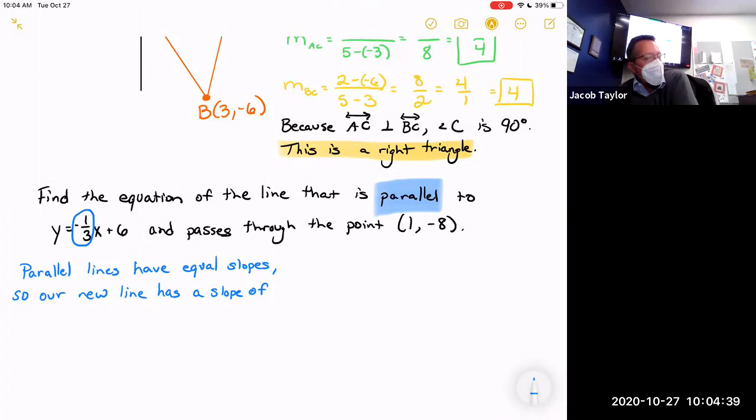So the slope of the original line is negative 1/3, which means the slope of the new line is going to be also negative 1/3.